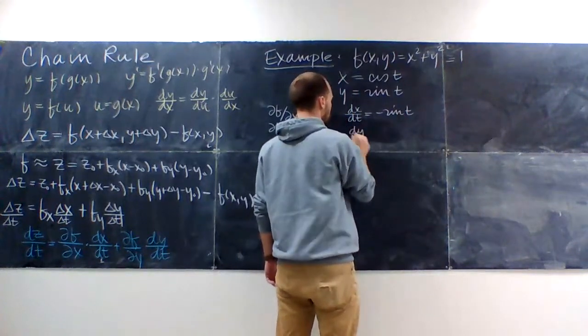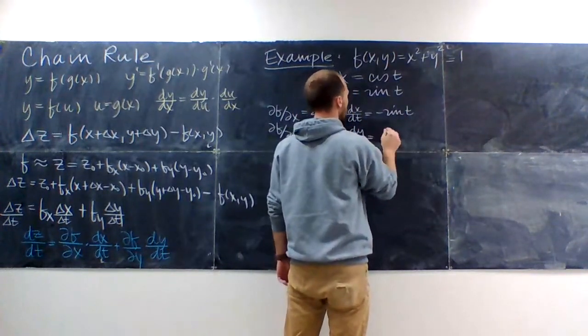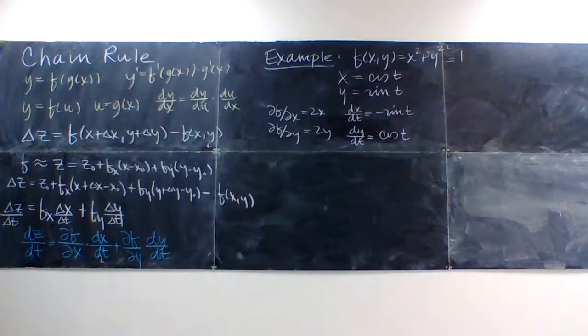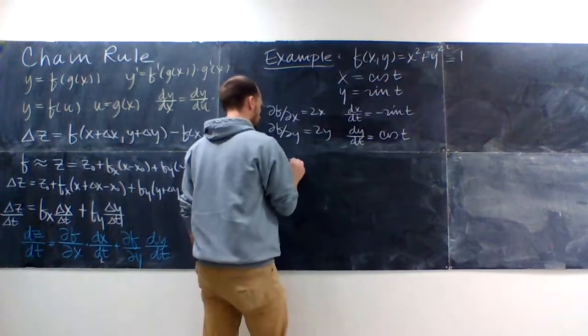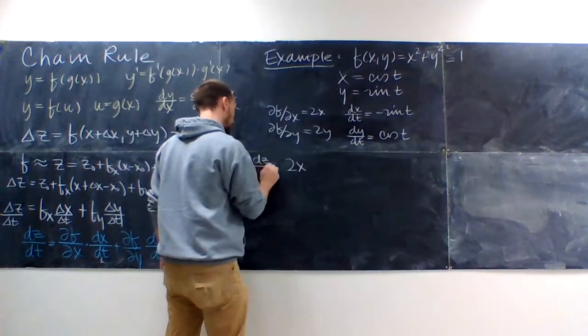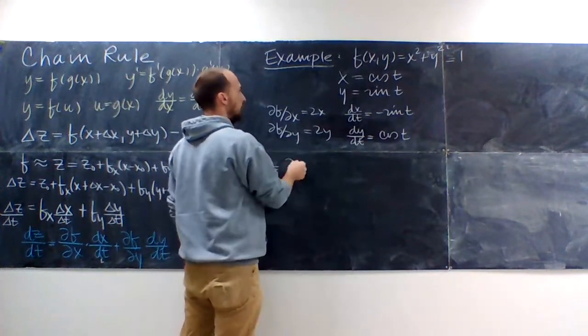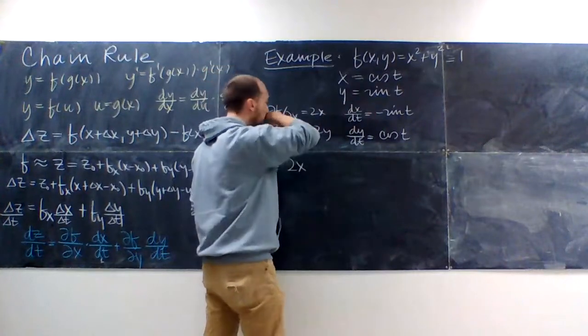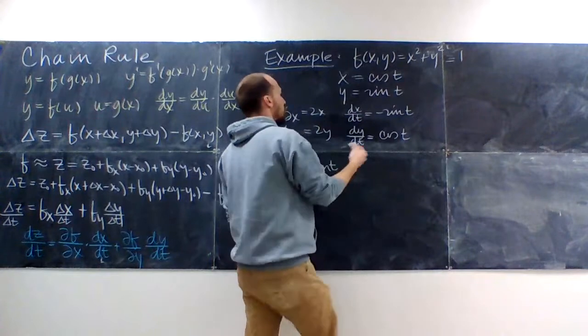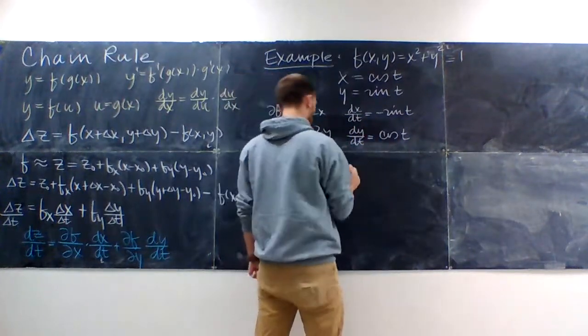And dy dt is going to be cosine t. Okay, so the derivative of f with respect to t is going to be df dx times dx dt. So that's 2x times negative sine t plus 2y cosine t.